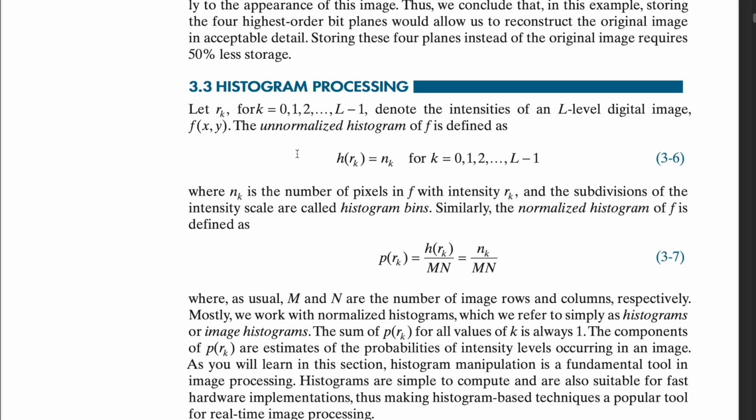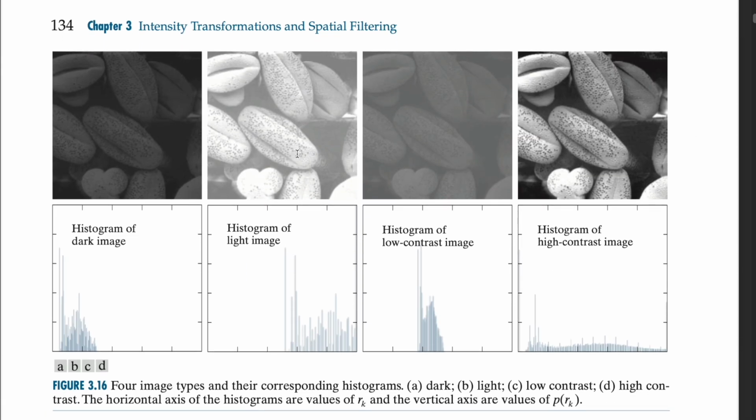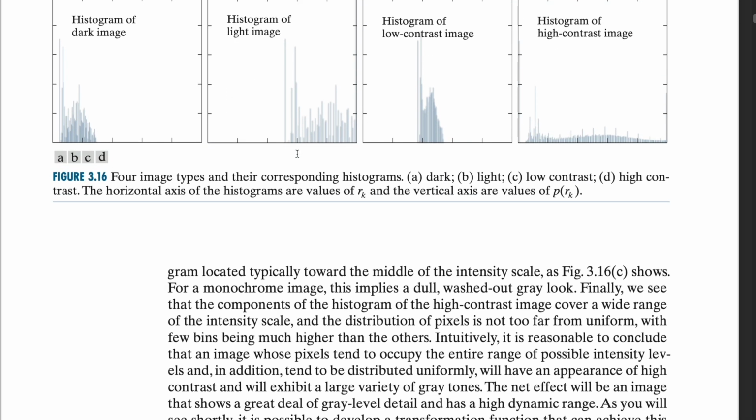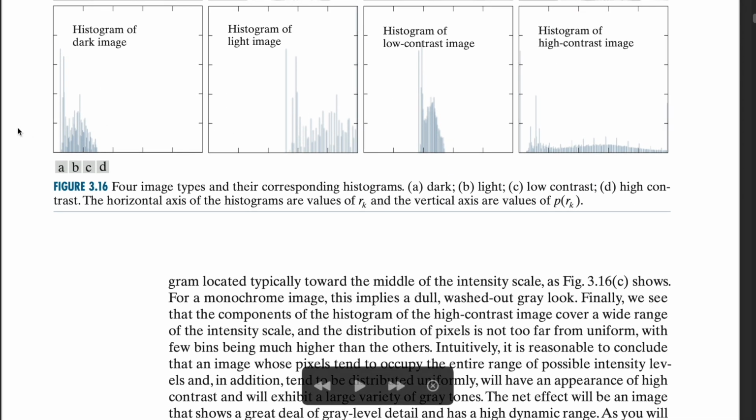Let's take some examples. Just look at these images here, right? This one. Now this is a histogram of an image, and all of these four are. But looking at the histograms, we can see that they are different in nature. So for example, this one, what can we take out from this?